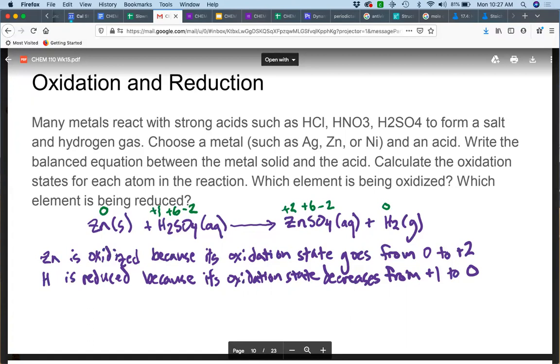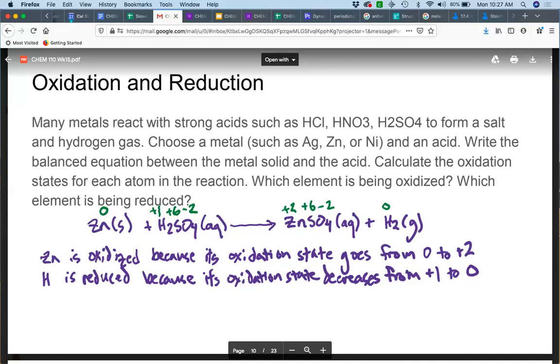Now, we're not quite done yet because we've only been given the starting materials, which means we have to think about what our products would be. But here's the beauty of this type of reaction. A metal and a strong acid is always going to react to evolve hydrogen gas.